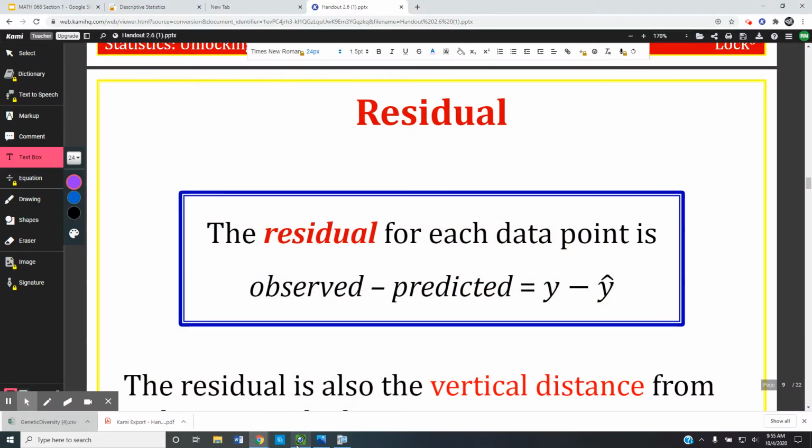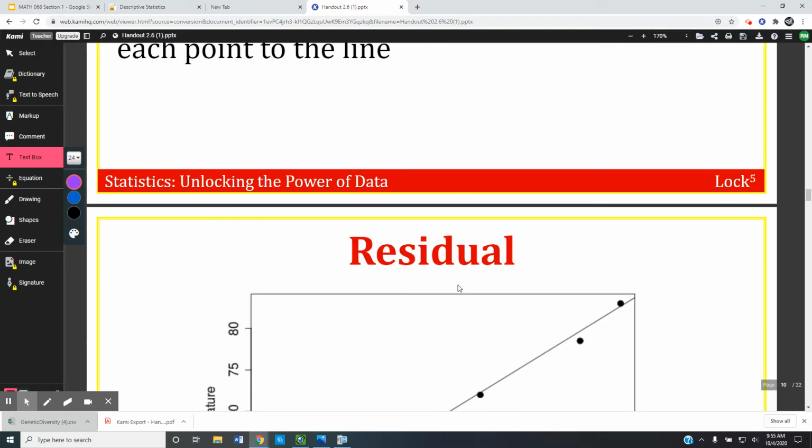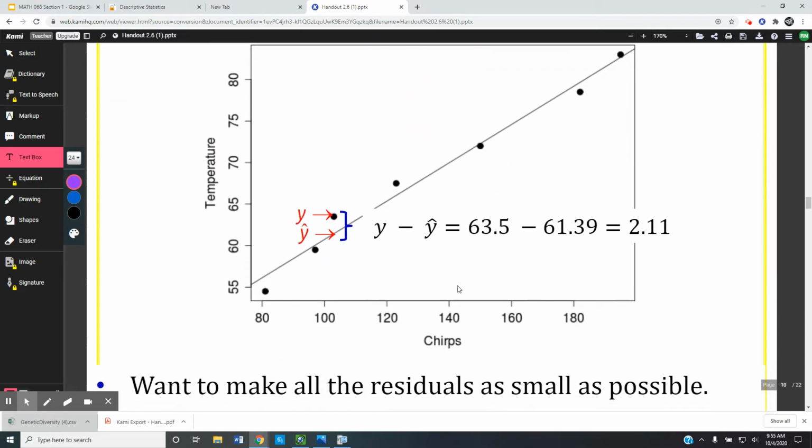The way to calculate a residual for any data point is to take the observed number and subtract away the prediction, so y minus y hat. The residual is the vertical distance from each point to the line. Whenever we're calculating, we have to calculate what we observe in data minus what we calculate mathematically. We can't turn those two things around because if we do, we're going to have bad data.